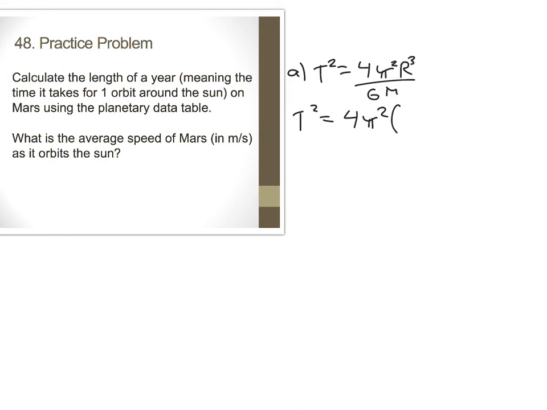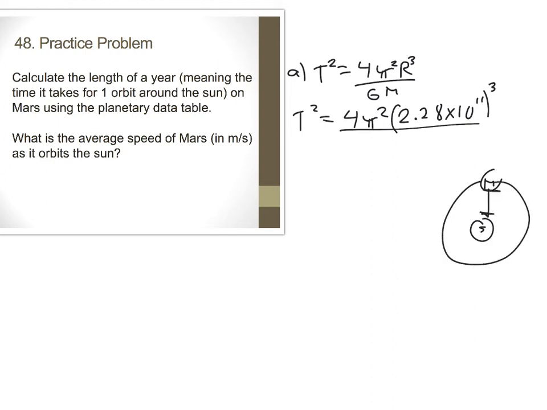The radius, which is the average distance, looking at our planetary data, is going to be 2.28 times 10 to the 11th. If we think about the Sun and Mars, whatever that distance is, that's the radius of the orbit. Then we divide by big G, our constant, 6.67 times 10 to the negative 11th, times the mass of our central object, which in this case is the Sun, 1.99 times 10 to the 30th kilograms.